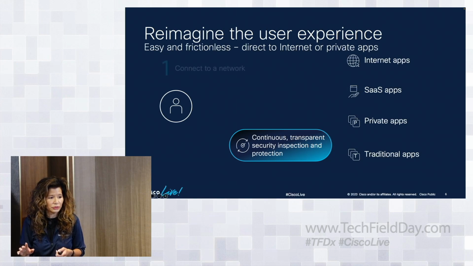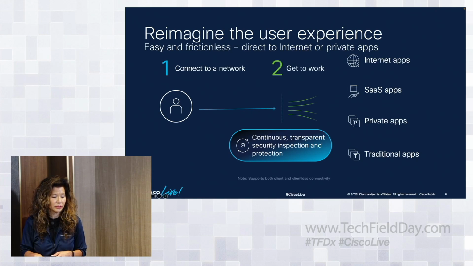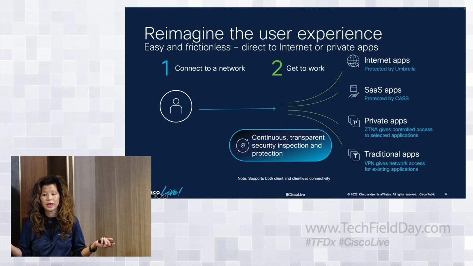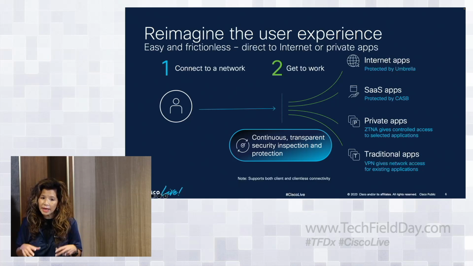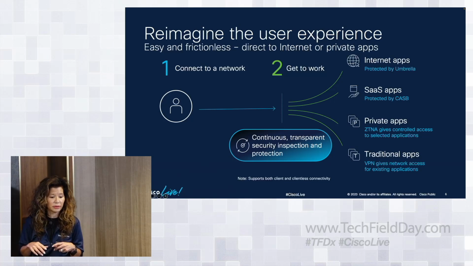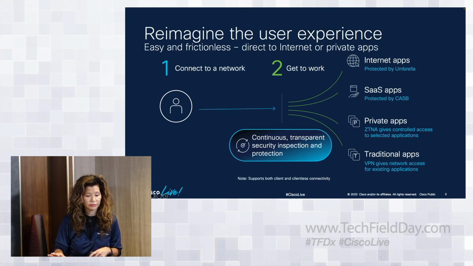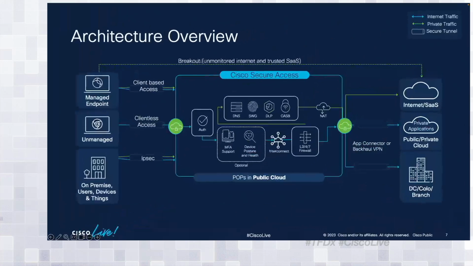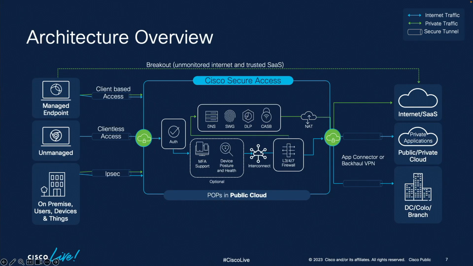All they need to do is connect to the network and get to work. And we'll do all the rest of the thinking and all the tech that's required to deliver this experience under the hood. And this is an architectural overview of our Secure Access solution and how we're going to help deliver this seamless experience.